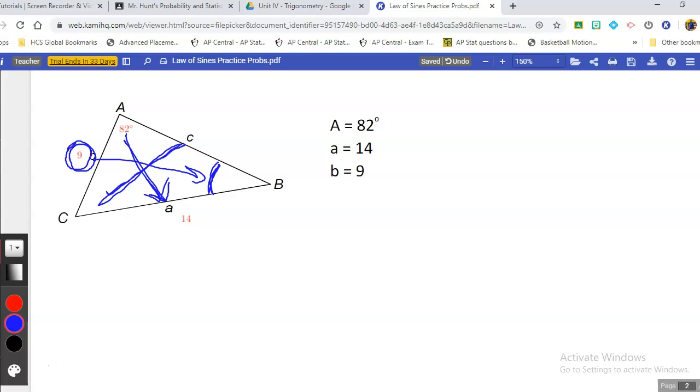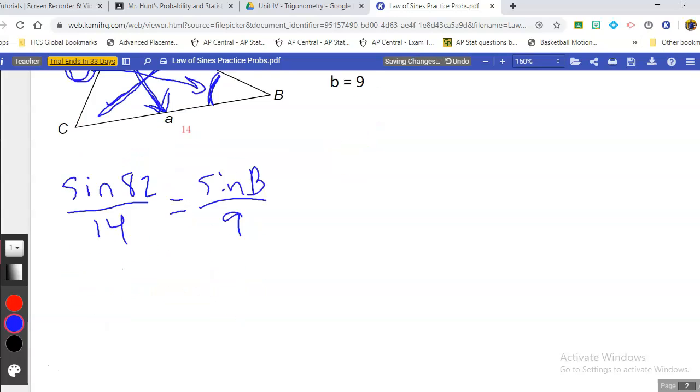So we'll set up our equation, or our proportion. We'll say the sine of 82 over 14, which is the relationship we had set up first. And we're going to say that's equal to the sine of B over 9.